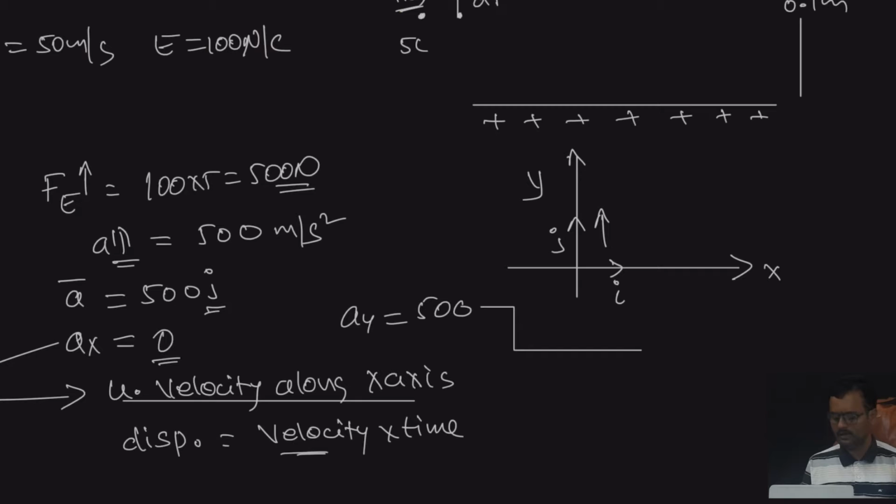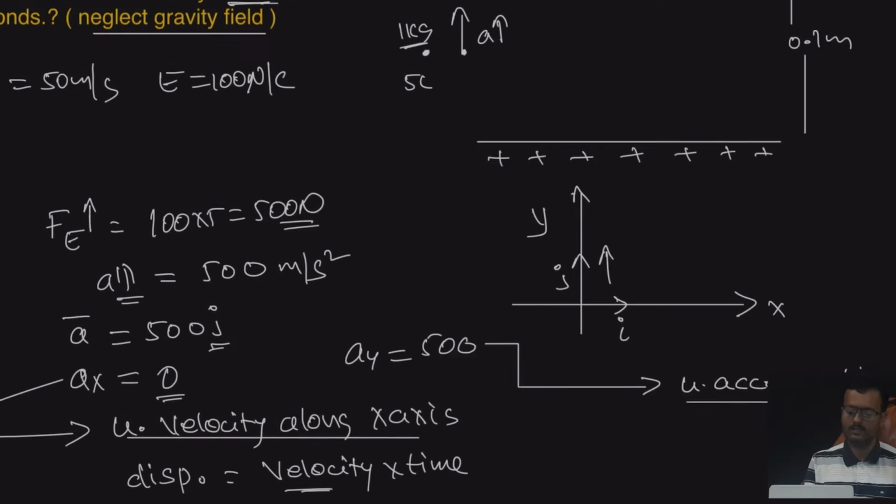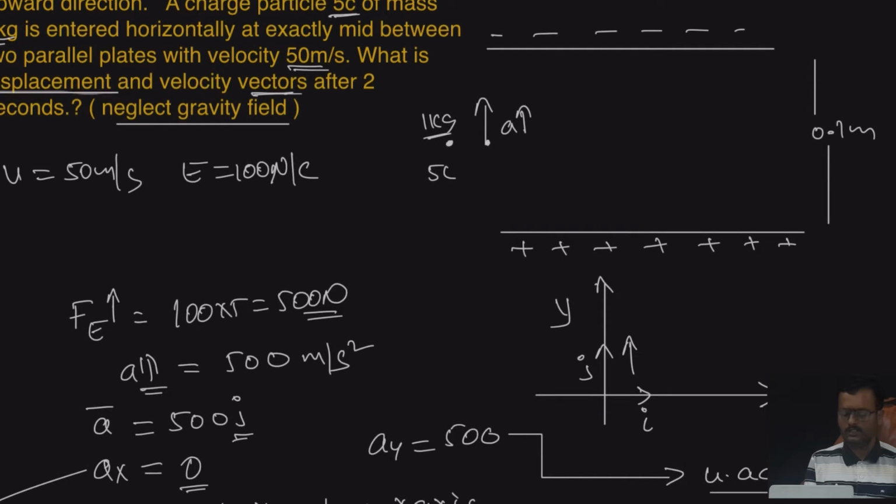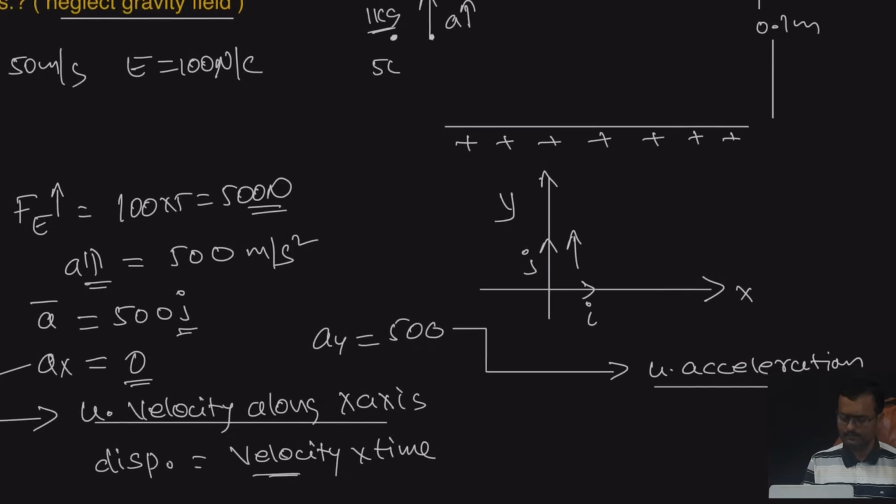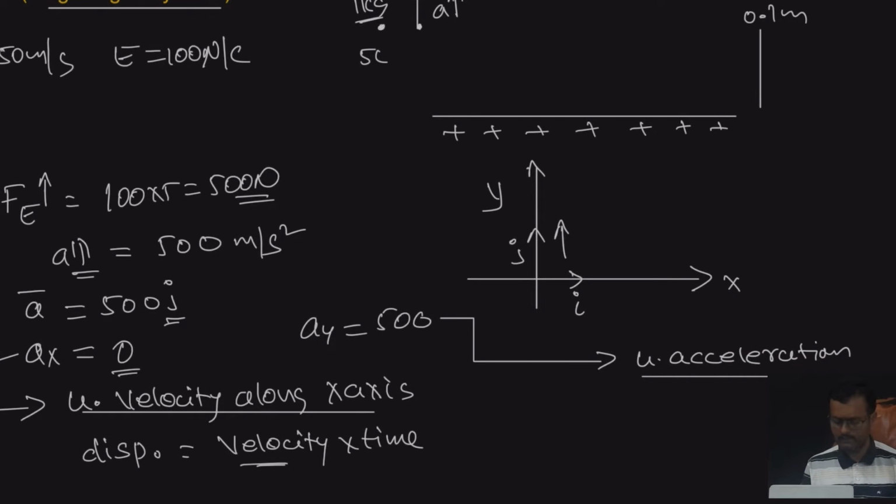Along the y-axis, the body is moving with uniform acceleration. Okay, we want the displacement, because what is the question here? So we want the displacement. So you should find the displacement along the x-axis and the y-axis.